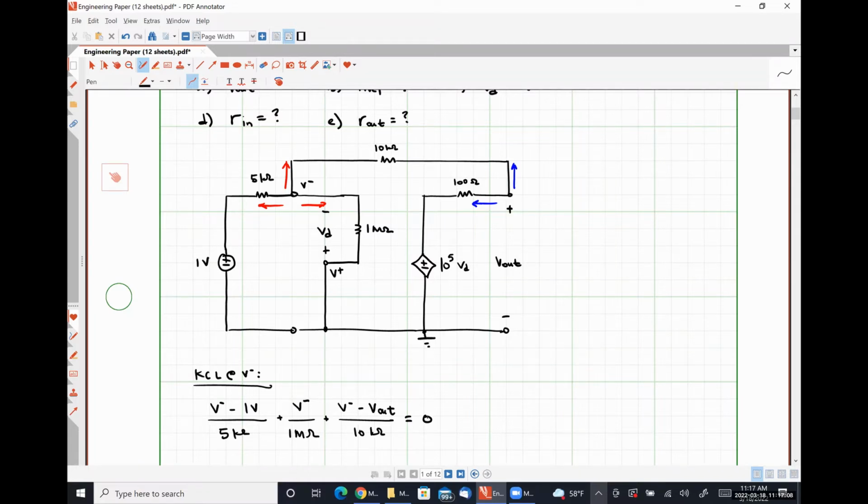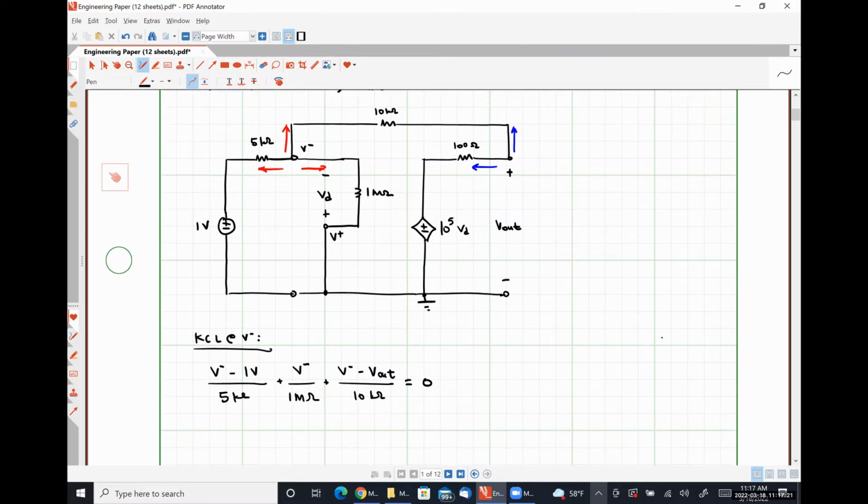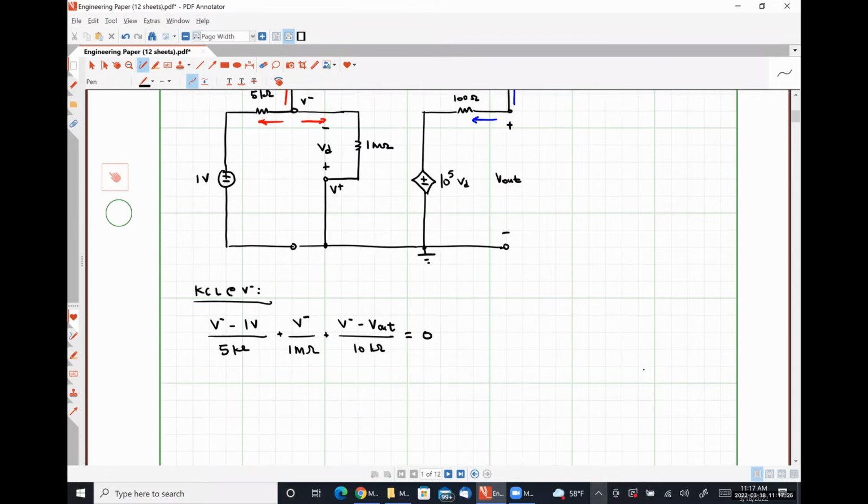Based on my drawing, my KCL equation at my inverting input node should have 3 terms, and it does. So I feel pretty strongly that I'm done. Next, we will apply KCL at my output node.